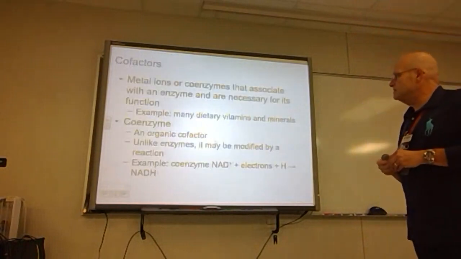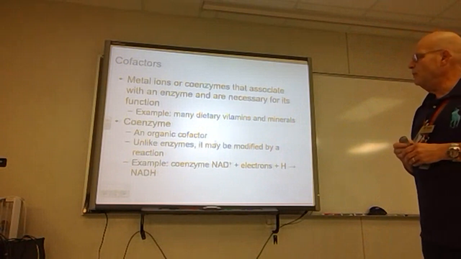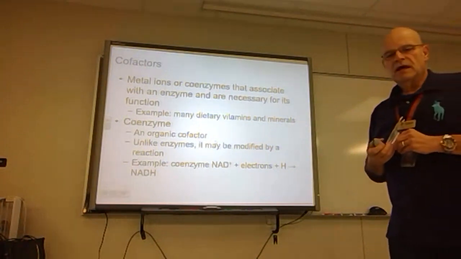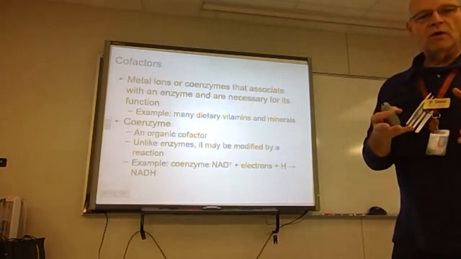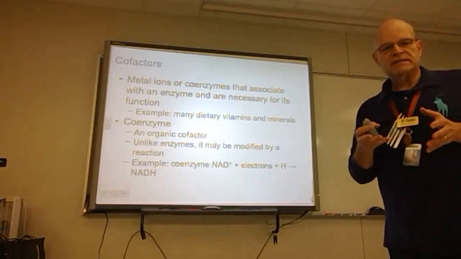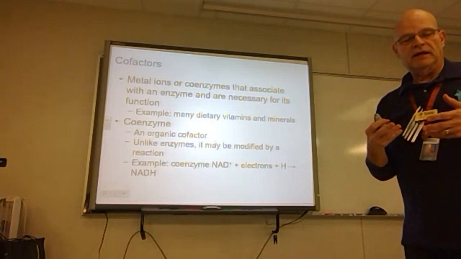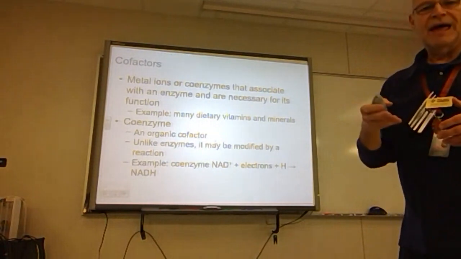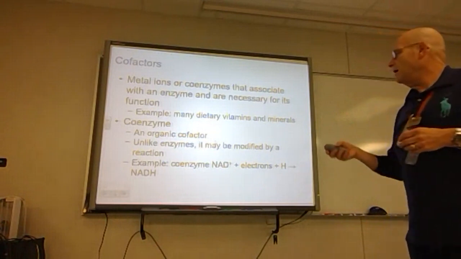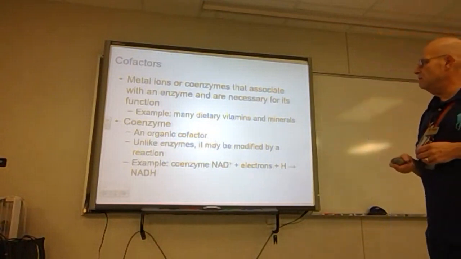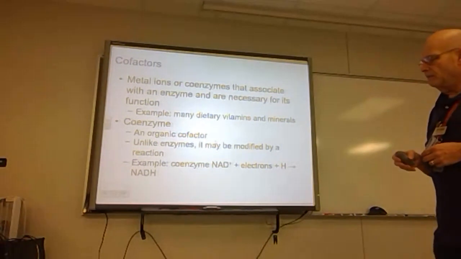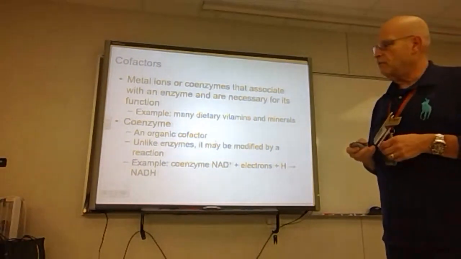Metal ions or coenzymes that associate with an enzyme are necessary for its functions. Coenzymes, you know these coenzymes. Nutritionally, we would refer to a coenzyme as a vitamin. An example, dietary vitamins and minerals, those are coenzymes that act as controlling factors that help our reactions work.